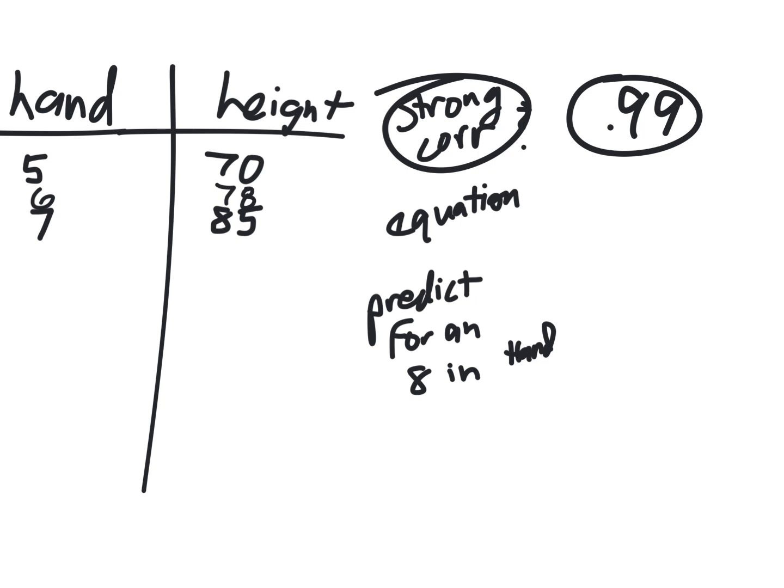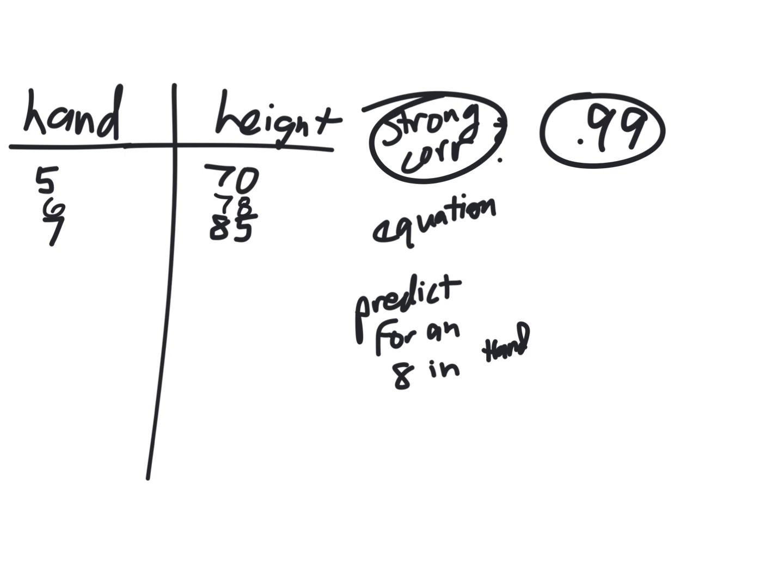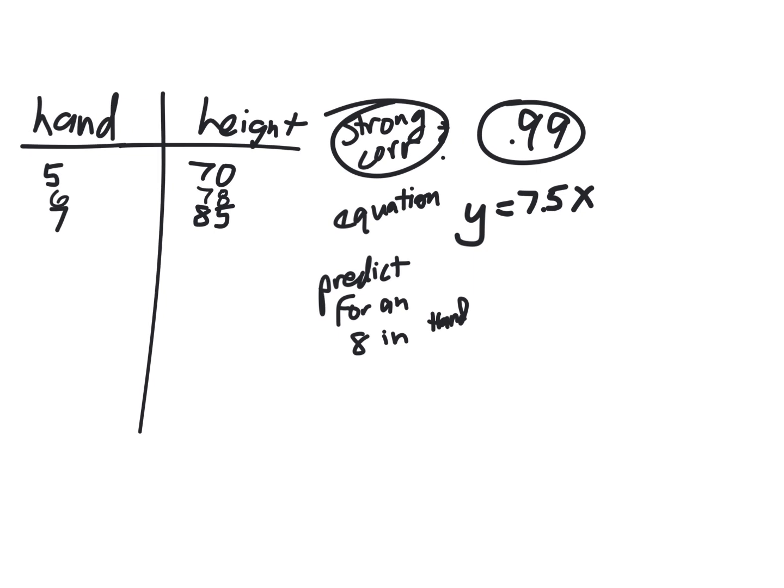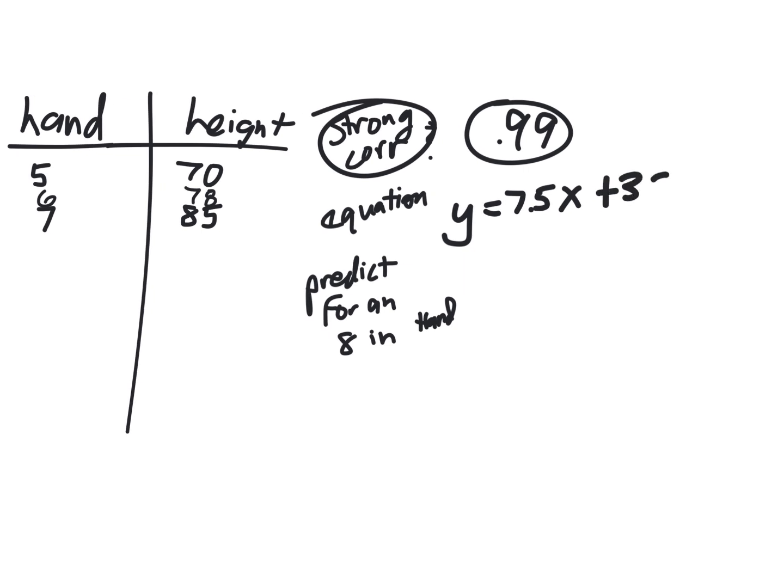All right, so what's the equation, Riker? Y equals 7.5 for the A, and then there's an X, and then plus 32.67. Awesome. That's the equation you can use to predict. Now, the only thing that's left is, do you know where to put the 8?